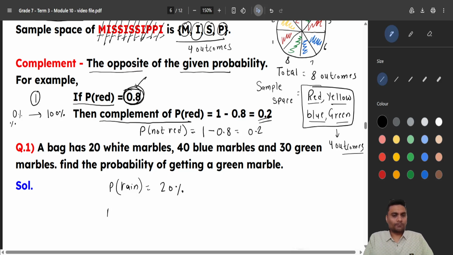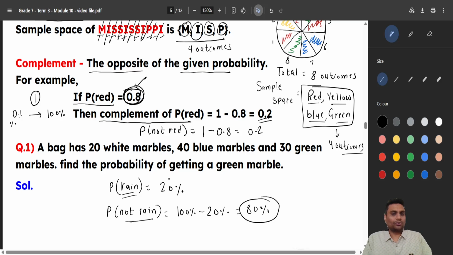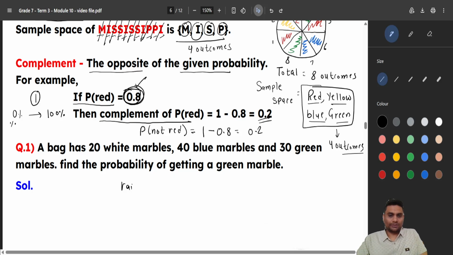The complement of this event will be if it does not rain. How will you find it? The total is 100, right? So from 100%, you subtract the probability of rain, that is 20%. So it means there are 80% chances that it will not rain and only 20% chances that it will rain. This is known as complement. Okay. Now let us practice some questions based on it.